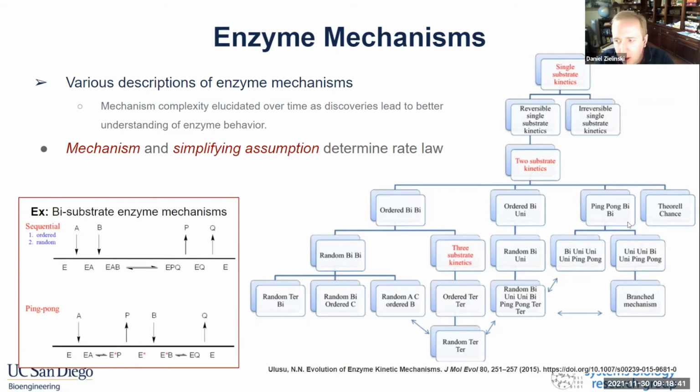Or another broad class is a ping pong mechanism, where one will bind and react and modify the enzyme itself, and then a first product will come off. So you have a donation of a group to the enzyme, and then the second substrate interacts with this modified enzyme and then kicks off the actual product of the reaction. So even though they're both A and B to P and Q, the actual mechanism is different, and we'll want to capture that kinetically where we can.